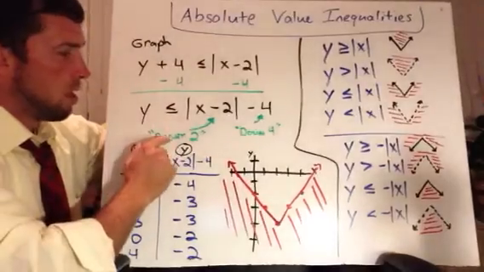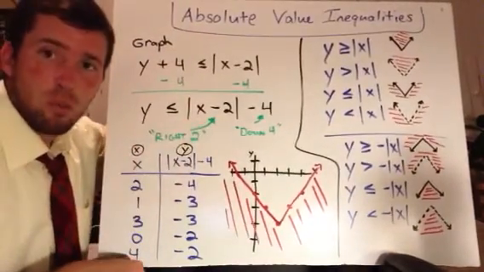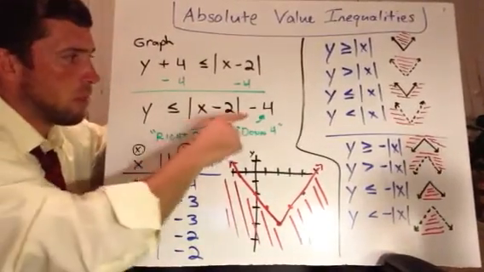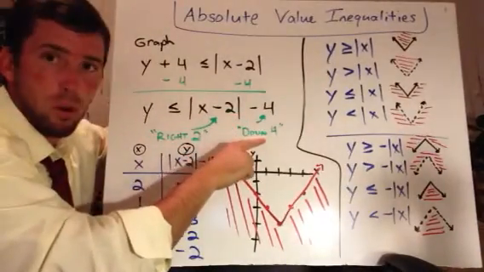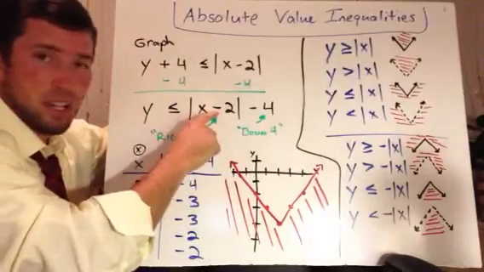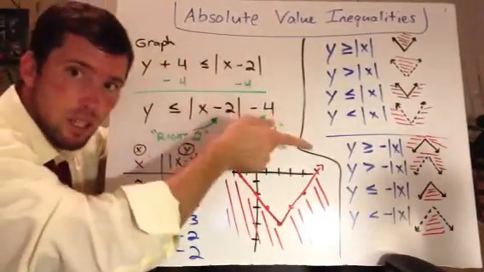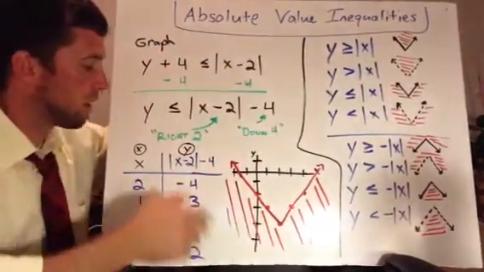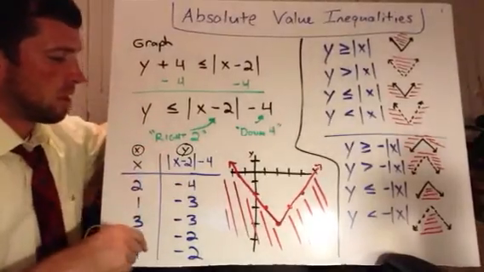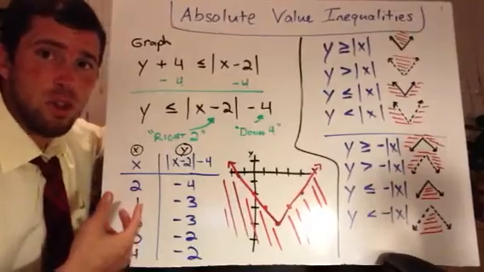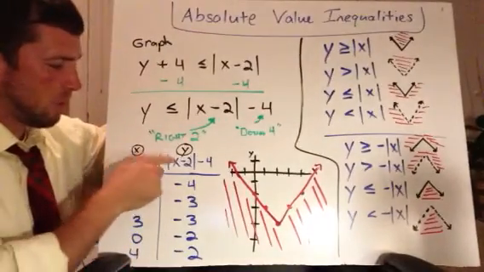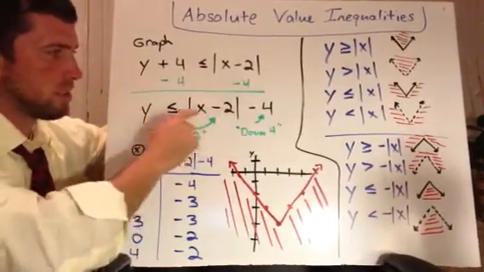So, I look at my transformation. What's going on here? Well, on the outside, remember guys, it says minus 4, so I'm going down 4. On the inside, it's saying minus 2, but do the opposite, so you're adding 2. Okay, so going to the right 2. So I need to know how to graph this. I didn't have a calculator at the time, so I made a table. X and then my Y column. The Y column is just this stuff.